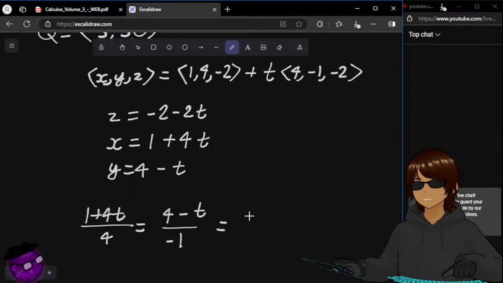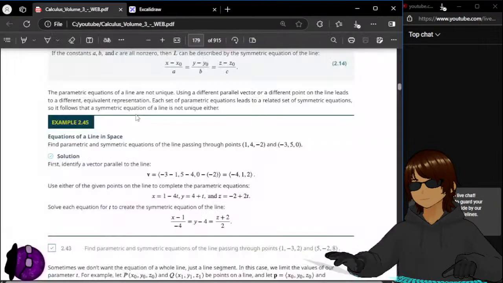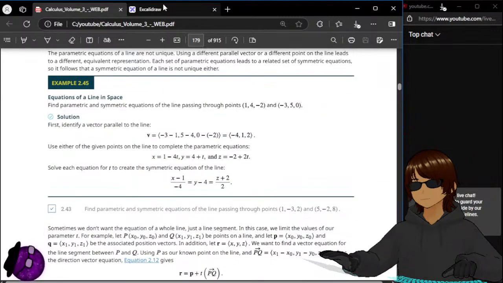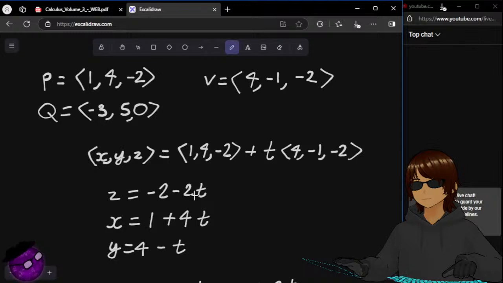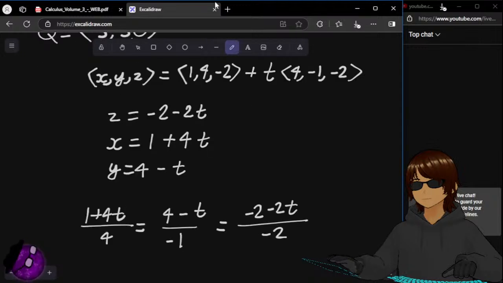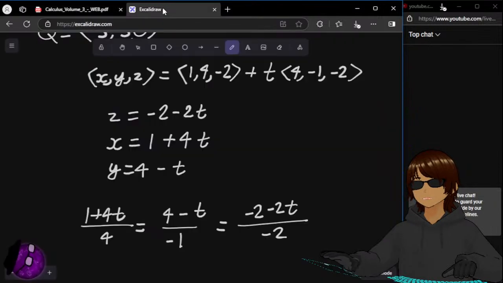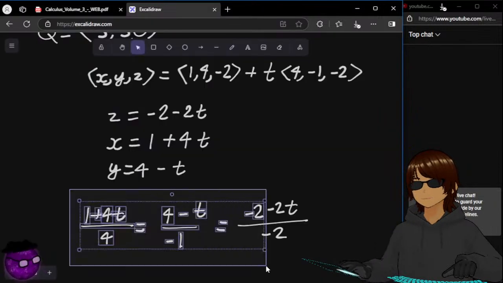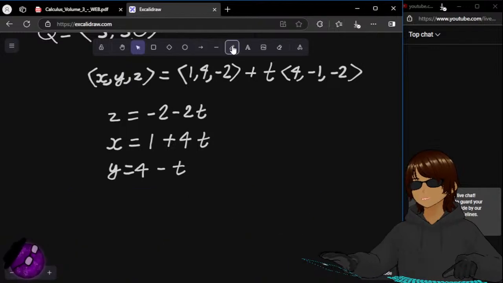Should be equal to this. Divided by this. Hold on, no, actually. No, I'm wrong. We're equating the t, right?